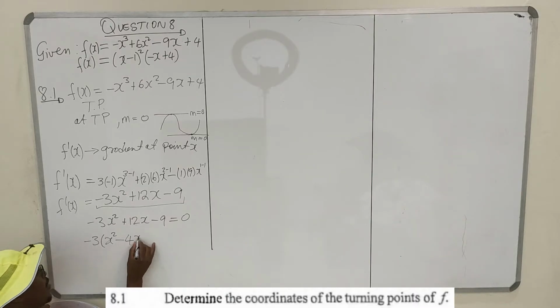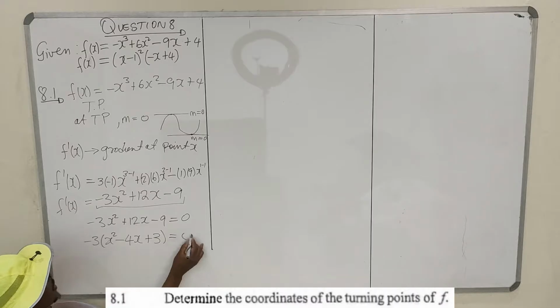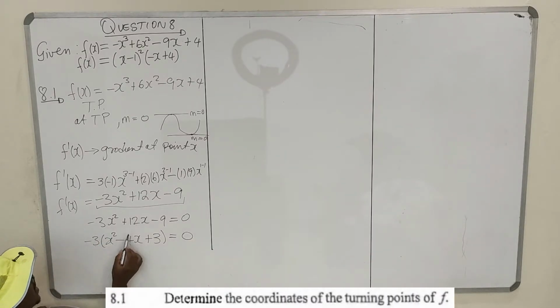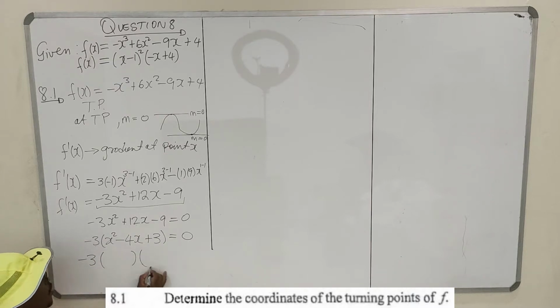Minus 3 times x squared minus 4x plus 3 is equal to 0. Taking out negative 3 from minus 3x squared, plus 12x, and minus 9. You can factorize this, or use the quadratic formula straight away.